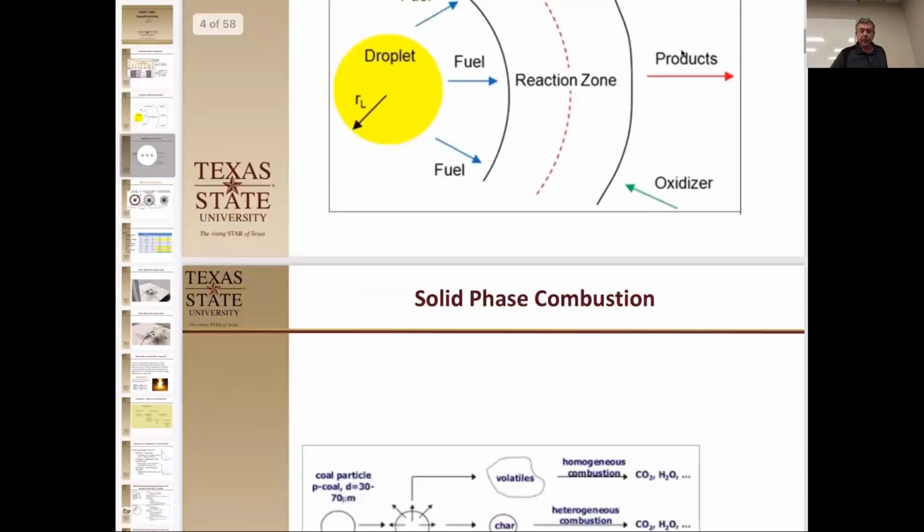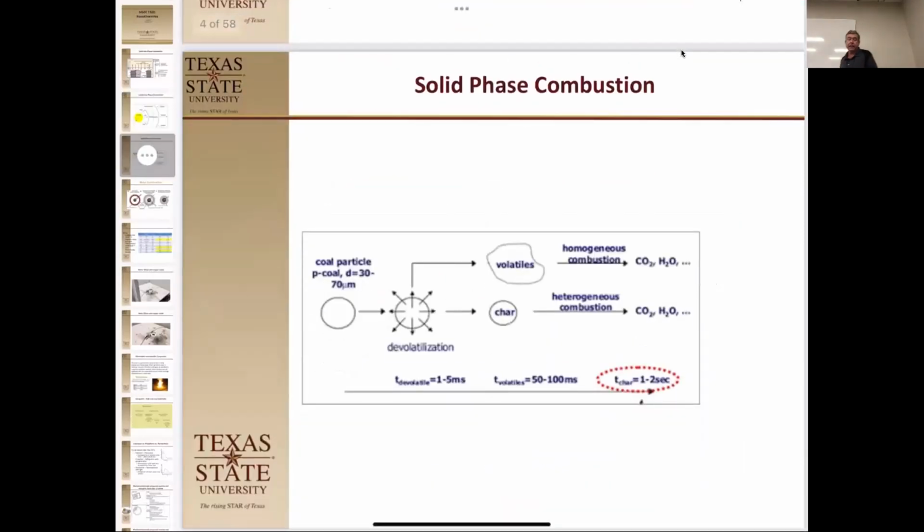But, okay. Then there's technically solid phase combustion. And in solid phase combustion, you can have it where you are basically heating your material until it devolatilizes, and then it doesn't necessarily burn anywhere near the thing you're heating.